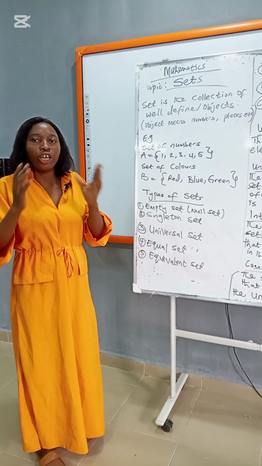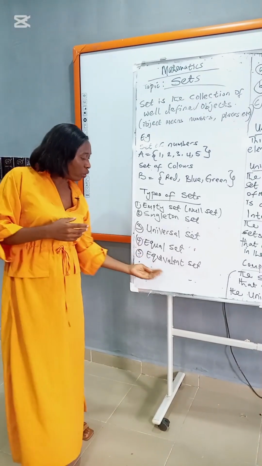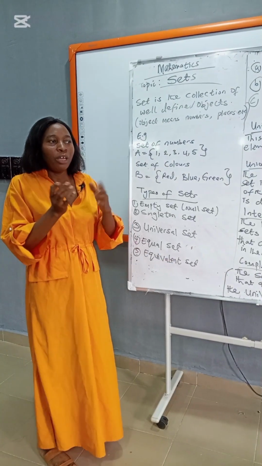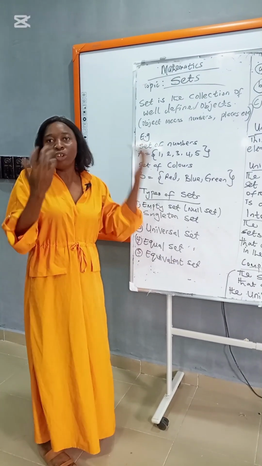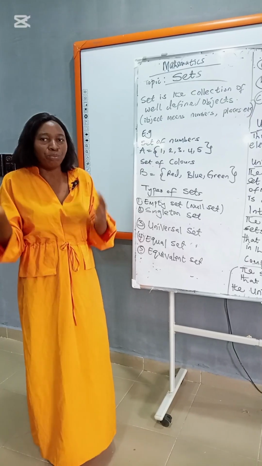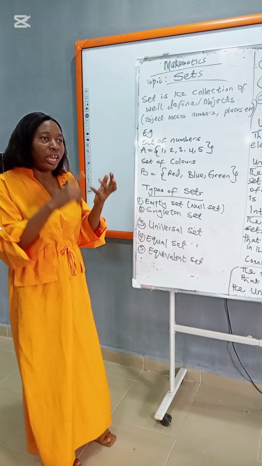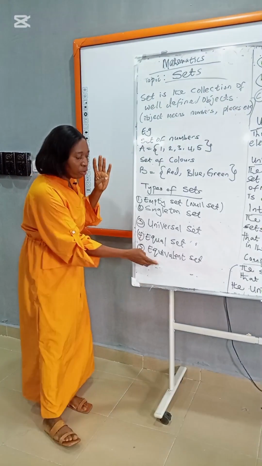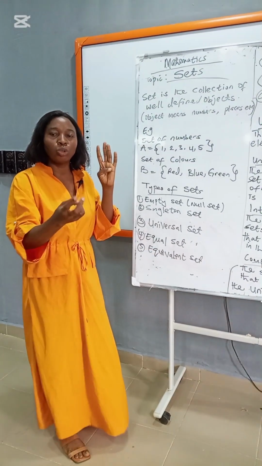But when we say equivalent set, the elements of A will not be the same as B. What I mean is that if we have A, B, C, D, 4 elements, then I can have an equivalent set as 1, 2, 3, 4.